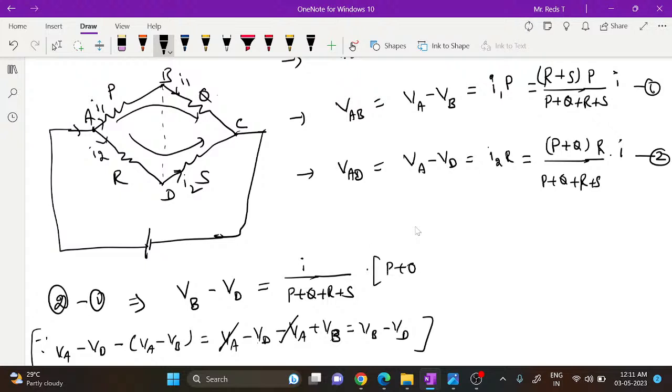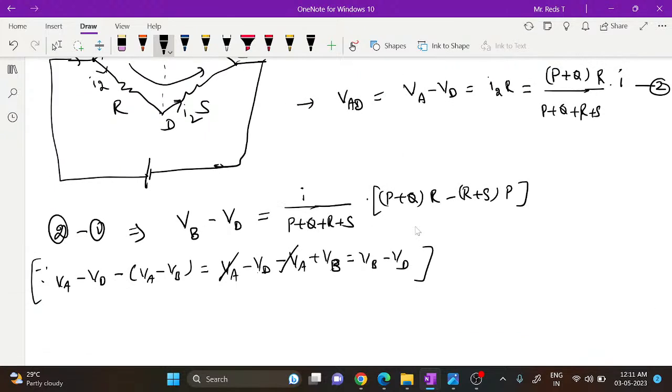So P plus Q into R minus R plus S into P.